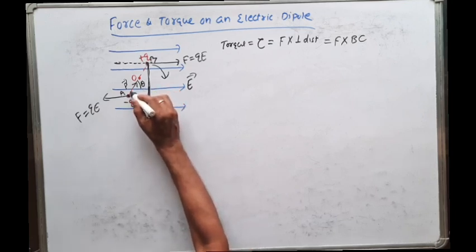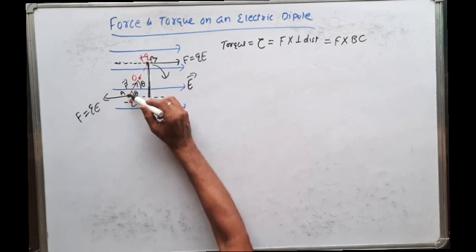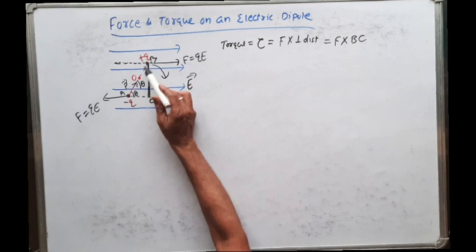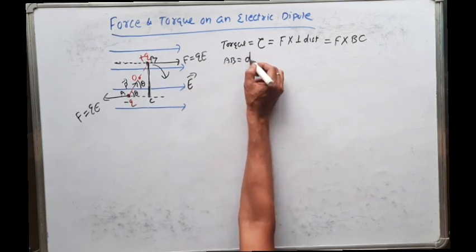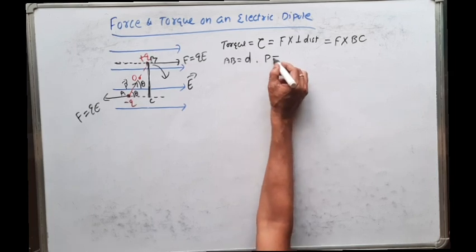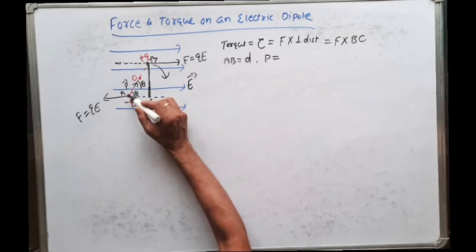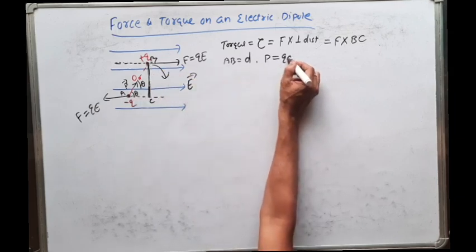If this angle is theta, this angle is also theta. Now, what is the dipole distance? This dipole distance is AB, which is generally taken as d. And what is the magnitude of the dipole moment? The product of charge into separation distance, that is q into d.